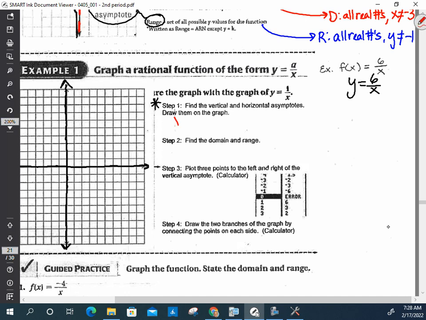Remember, the vertical asymptote is the denominator equal to 0. There's your denominator, so x equals 0. Nothing to solve, nothing to move over, so x equals 0 is your vertical asymptote.